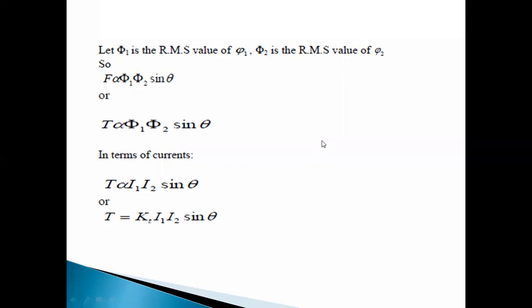Now here the torque, we know that when the current will flow through the primary, then only your flux will set. So in motors also we studied these equations, the torque equations, means torque is proportional to I1 I2 sine theta, and we can similarly write it for the flux also.